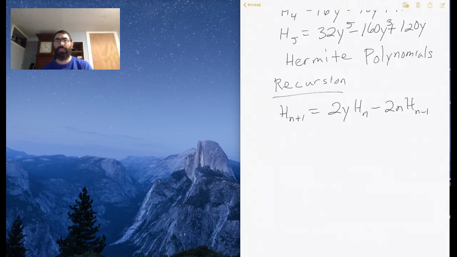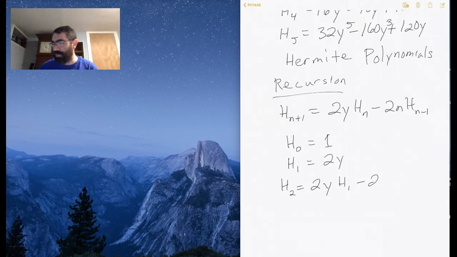So instead of having to work out all of those coefficients for every term in the expansion, if you know the first ones, like in this case, we knew that H0 we said was going to be 1, and H1 was going to be 2y, then we could find H2 by saying 2y H1 minus 2, in this case, the n would be 2 times, well, in this case n is 1, so this is H0.